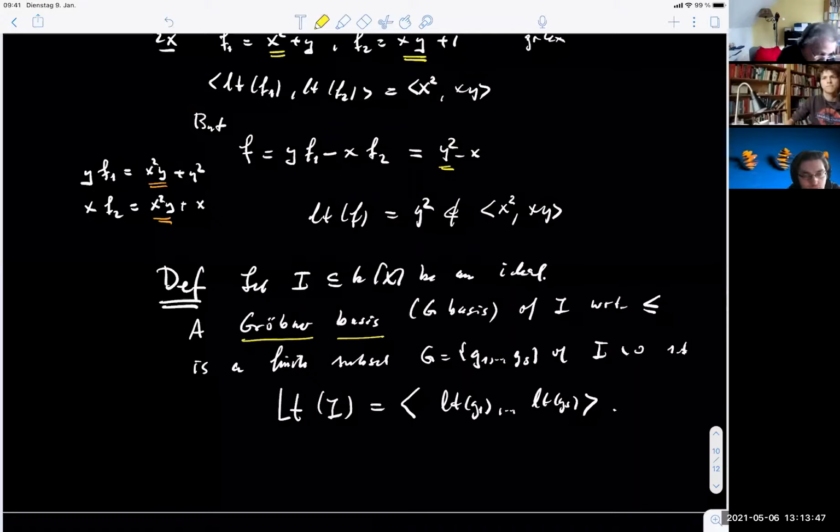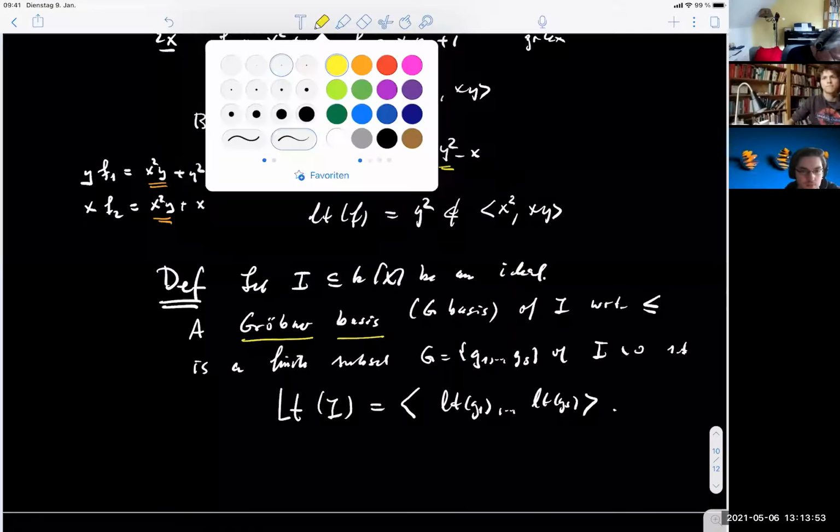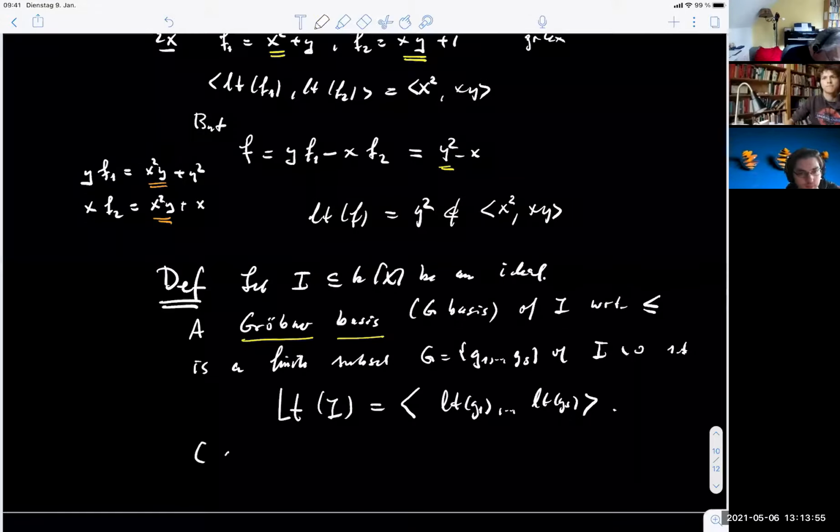If you have the 0 ideal, then for the pedantic, the empty set is a Gröbner basis of 0.